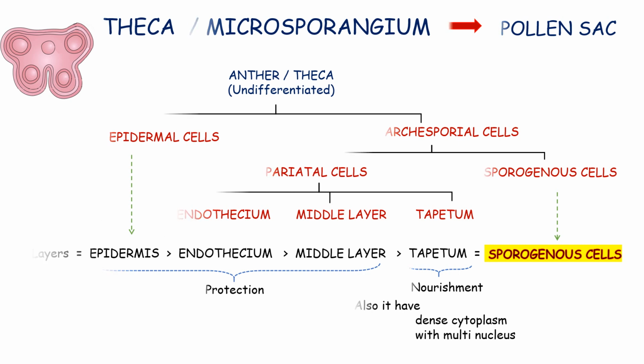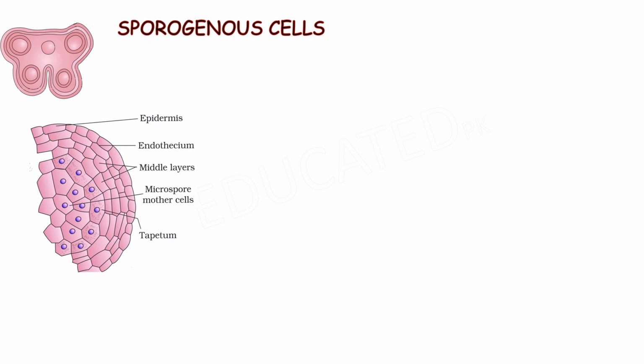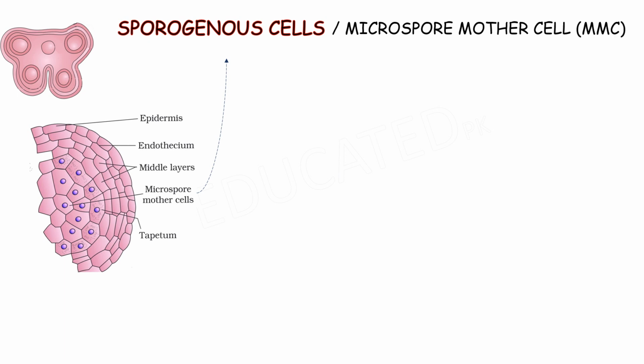Now focusing on sporogenous cells or tissue. As we already discussed the layers of theca, in the center of theca there are sporogenous cells, which are also called microspore mother cells or MMC, or PMC, pollen mother cells, or meiocyte. Meiocyte means cells which undergo meiosis.